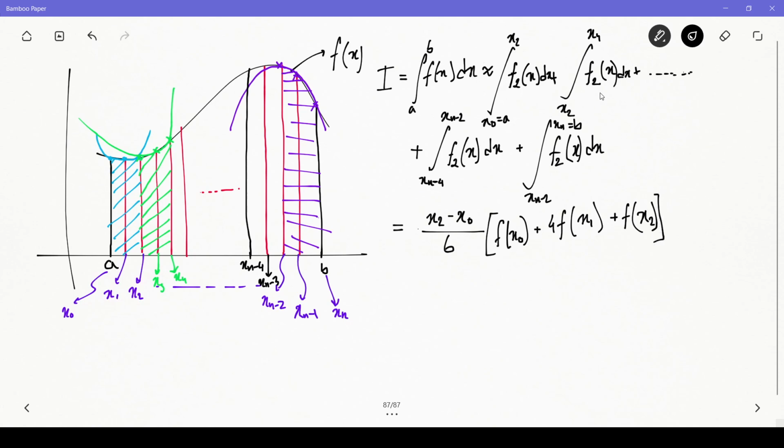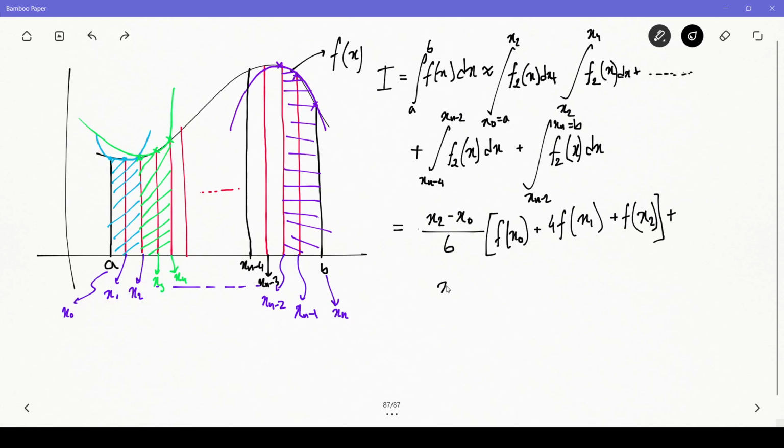Now for the next term, let's write the corresponding formula, which should look like x4 minus x2. Let's write it below because obviously it won't fit here.